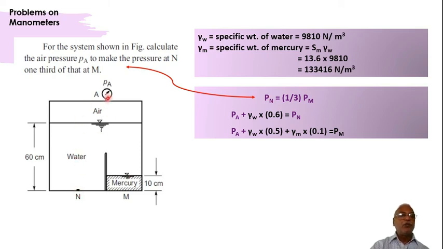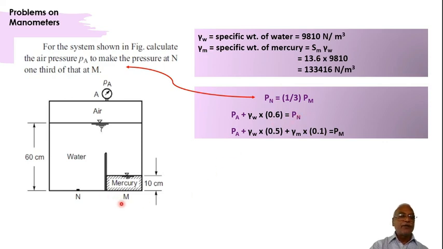I'll start with the known PA. The pressure PA at any point here is the same because this column of air does not add anything. So pressure at A, PA, is equal to pressure at this level plus, I'm going down into water, gamma W, through a distance of 60 centimeter, so 0.6. So this is nothing but Pn.